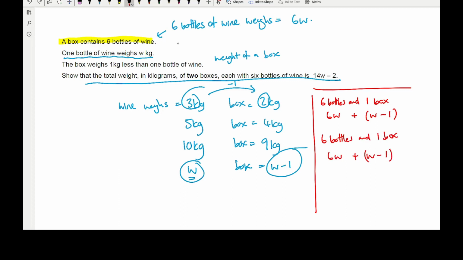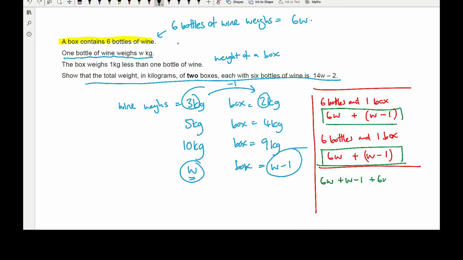Now collecting these things together, that's 1 box, that's another box. So joining these up, I've got 6W plus W minus 1 plus 6W plus W minus 1. Counting the W's, I've got 6 plus 1 plus 6 plus 1, which is 14W. And looking at the numbers, I've got minus 1 and a minus 1, so it's minus 2.